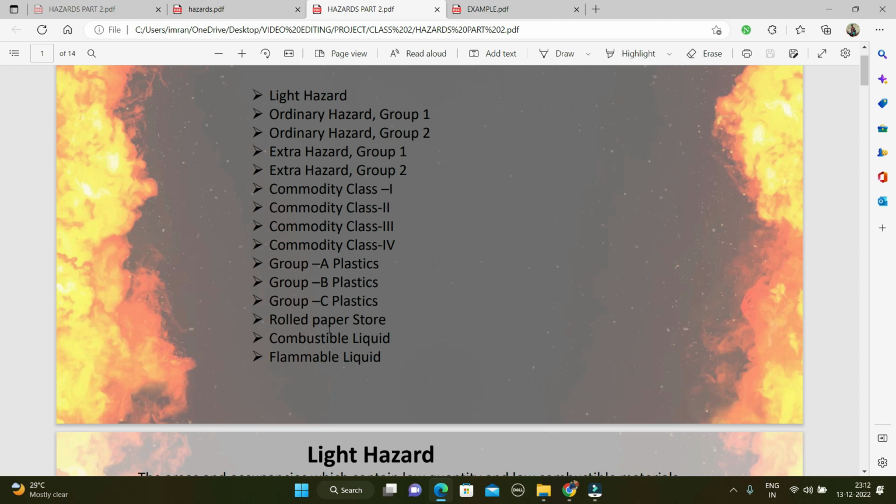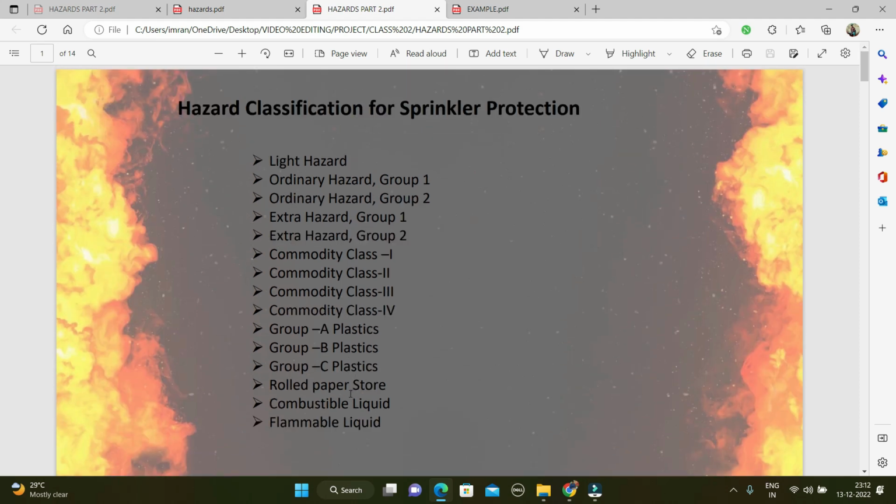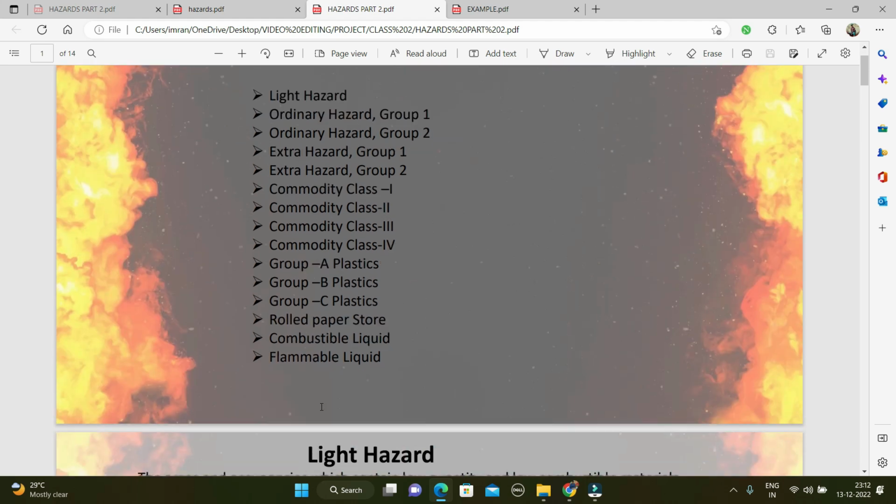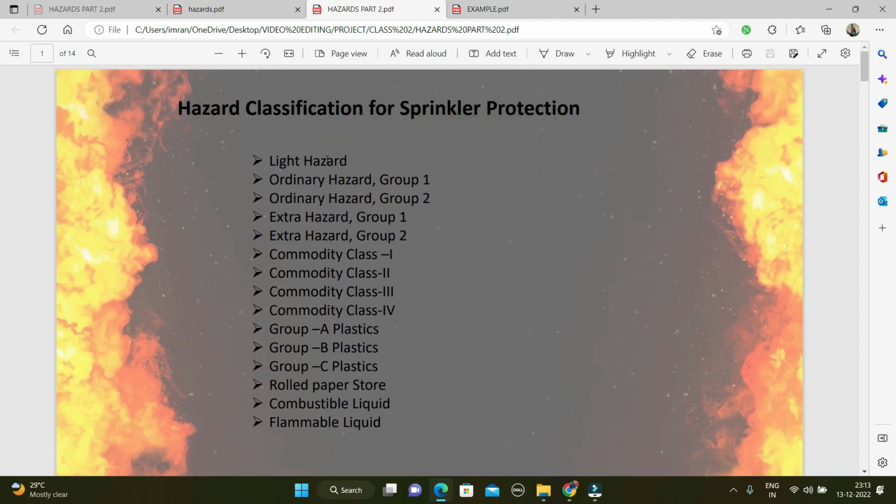Also roll paper store, this is a different type. Combustible liquid and flammable liquid, these are two types, combustible and flammable. We design different types, because in combustible liquid and flammable liquid we have to select a proper firefighting system like a foam system or Novec system or a different type of system.